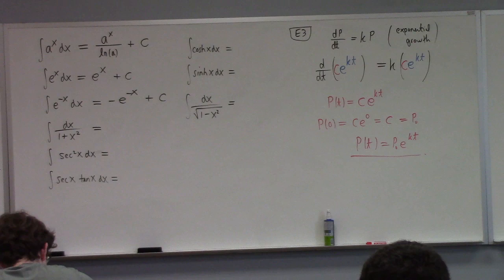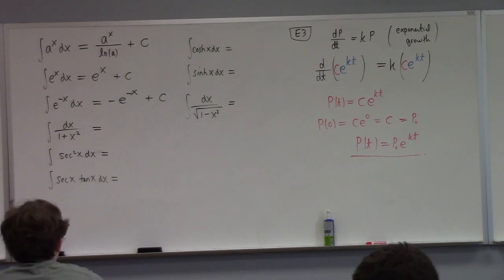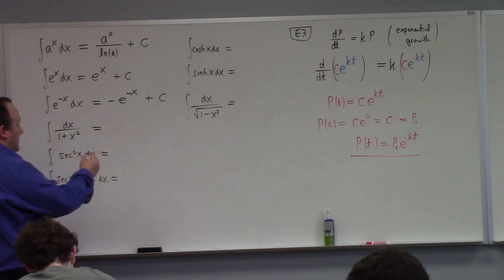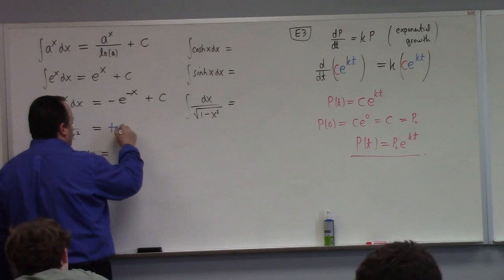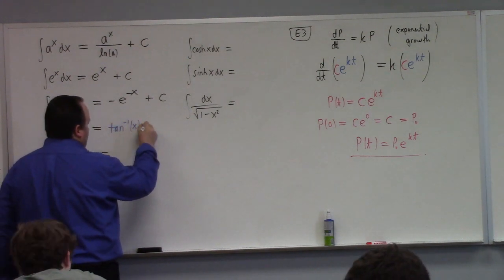Remember, the derivative of inverse tangent is 1 over 1 plus x squared. So this is inverse tangent of x plus a constant.